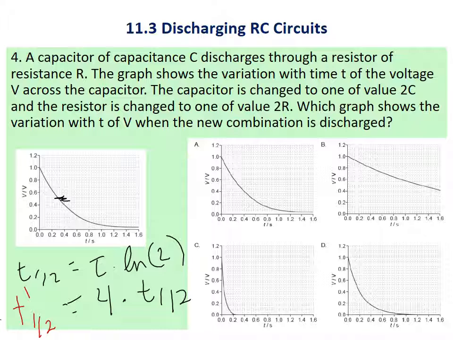So that means the voltage is at 0.5 around 1.6 seconds, because 0.4 times 4 is 1.6. So I need to look at the graph and my choices, and figure out which graph best represents this. You want to see the voltage is 0.5 when the time is about 1.6 seconds.